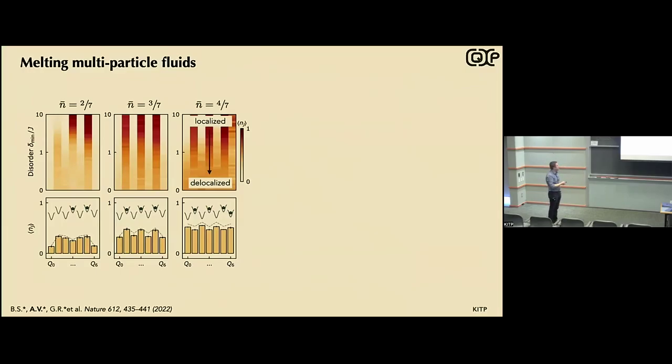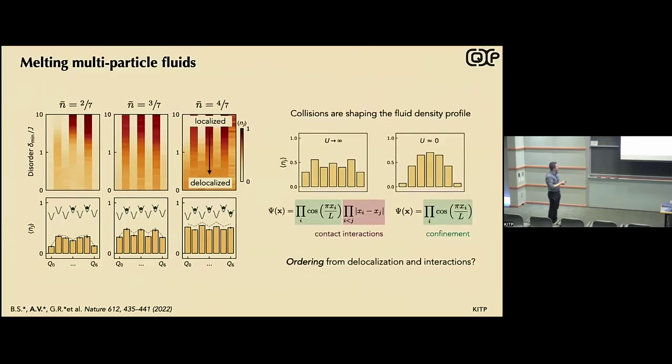I don't do much theory in my life, but luckily this was something that worked out. Because if you take the 0 interaction limit, then you expect that all the fluid density profiles would have the same shape, would have the same single particle shape, your sine kx density profile.